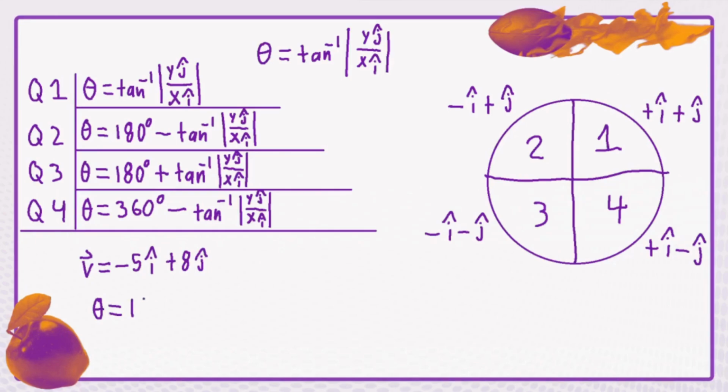So here we have 180 degrees minus inverse tangent of positive 8 divided by positive 5. Remember that we make both i and j positive because of the absolute value. Now we solve for the angle. When plugging this into a calculator, make sure it's in degrees and not radians. So our answer for the angle of the vector is about 122 degrees.